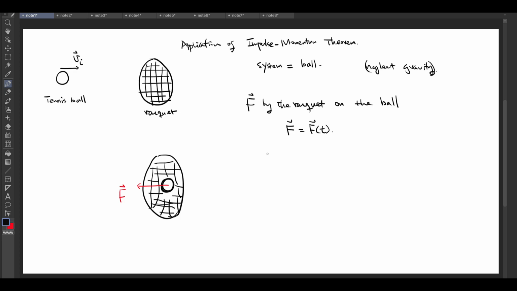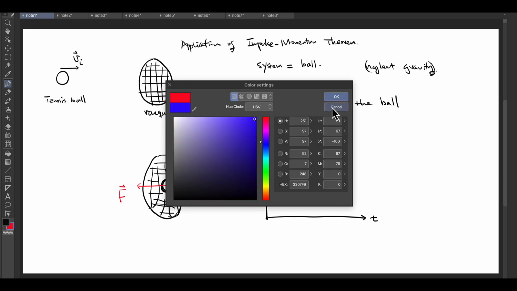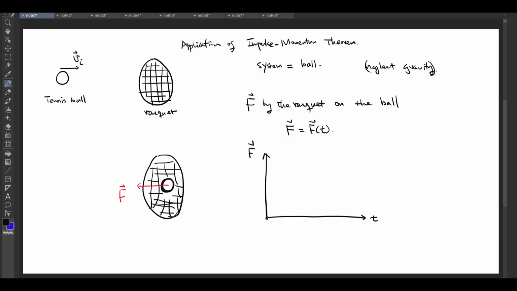So in principle, we can draw a picture for such a force. And it turns out to be this kind of diagram. It's a bell-shaped curve that starts from 0, representing the initial time instant when the tennis ball just touched the net, just touched the string, until the maximum deformation somewhere here.